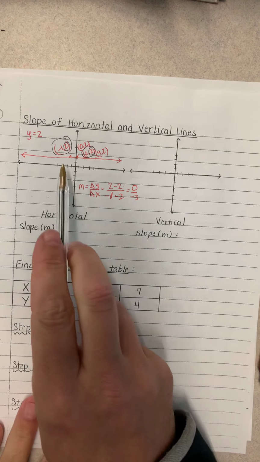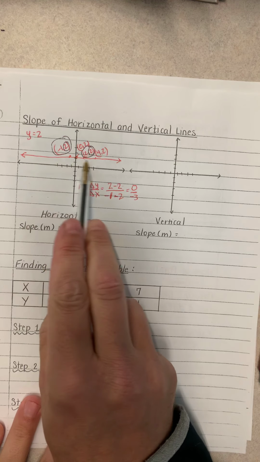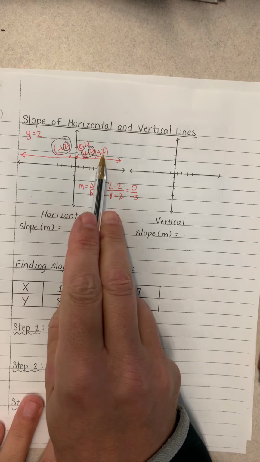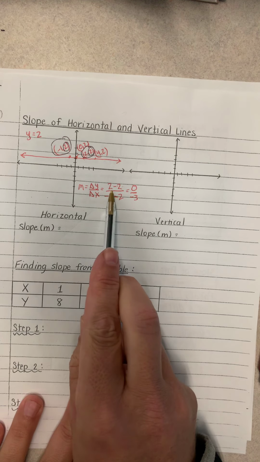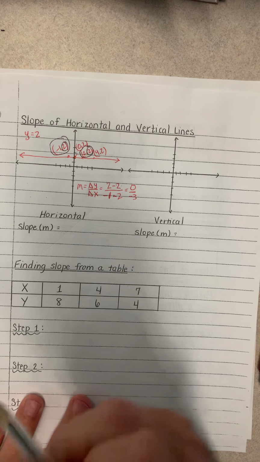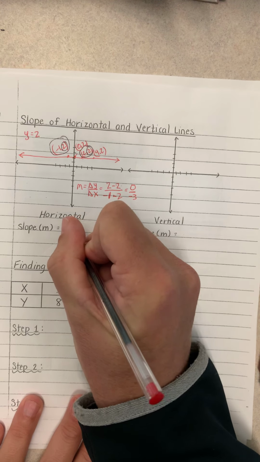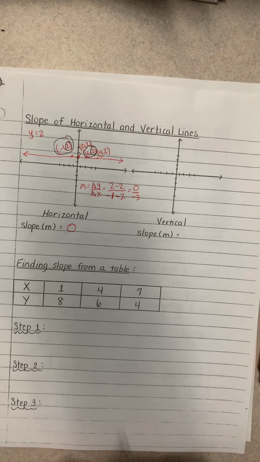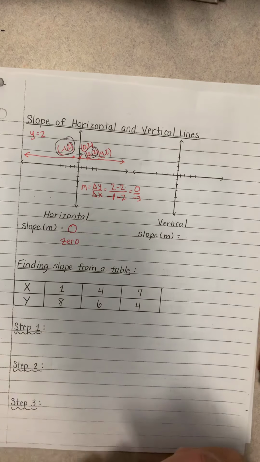And hopefully you're picking up that it doesn't matter what points I choose on a horizontal line. When you subtract your y's, because those y's are always going to be the same, your numerator will always be 0. The slope of any horizontal line is going to be 0.